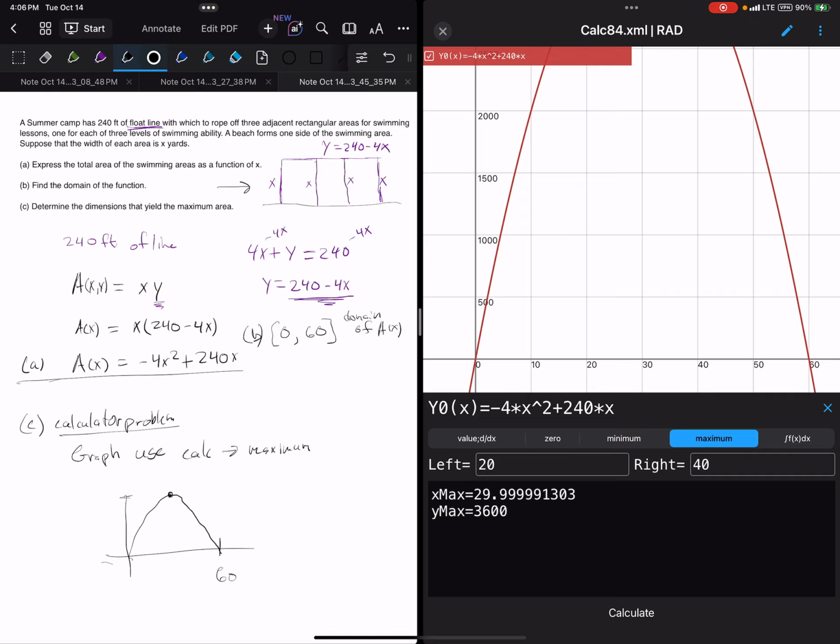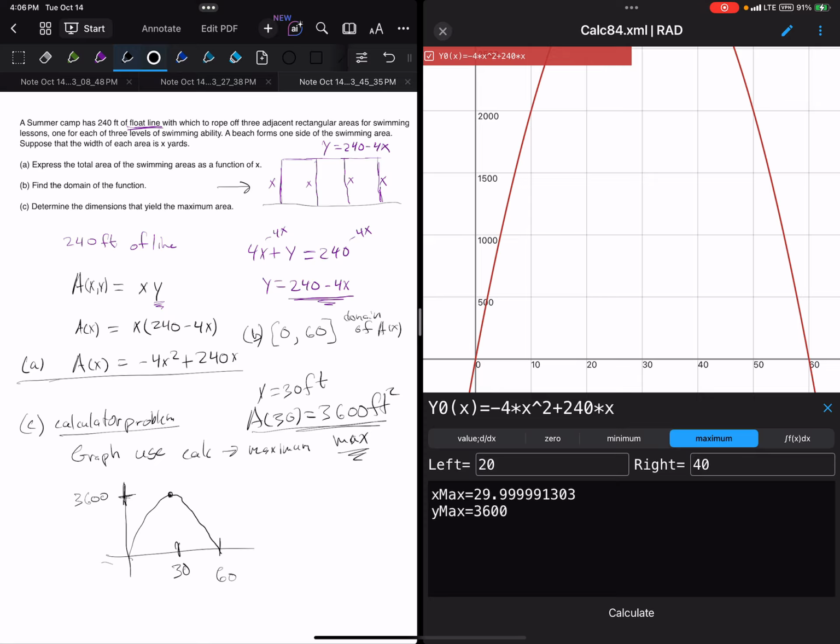If I could sketch to save my life, that's what it would look like. And then this value is 3,600, and then that value is 30. And so for an x equals 30 feet, my A of 30 equals 3,600 feet squared, and that is my max area.